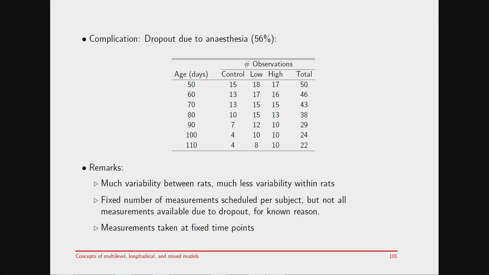So let's assume that there is no real issue here. Yes, there will be less power because you have fewer observations, but that's the only consequence. We will not have bias in our results due to this dropout. All right.